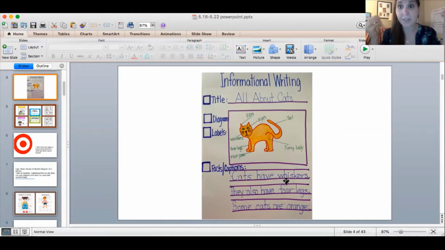That's a fact. They really have whiskers. They also have 4 legs. That's a fact. Cats have 4 legs. And last, some cats are orange. That is another fact. There are some cats that are orange. Some cats are other colors, but one fact I know is that there are some cats that are orange.